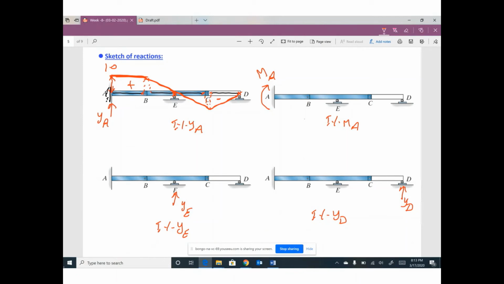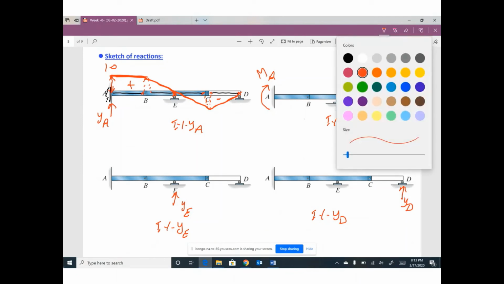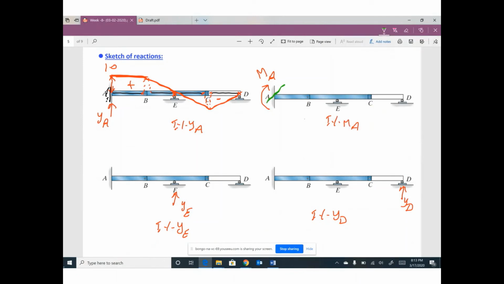Rotate this fixed by angle theta, if theta equal 1 in the same direction of the moment. The new shape of this part of the beam will be like this. This connection moved down, and no movement here, no movement here.